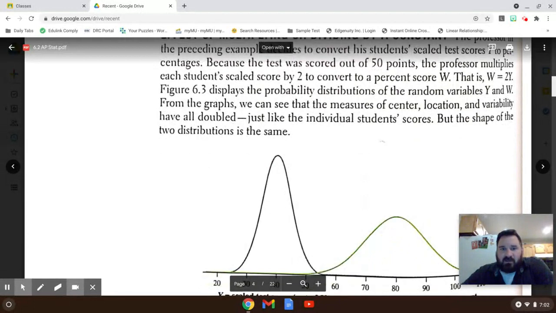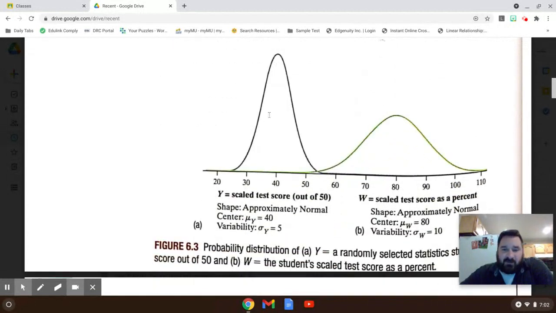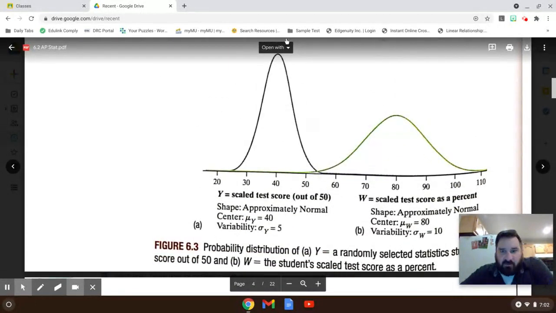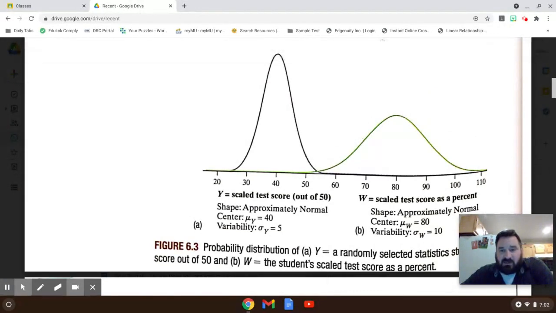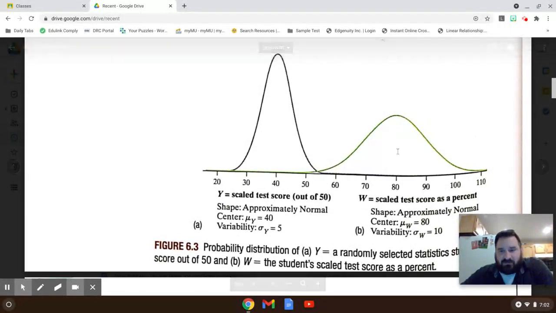Figure 6.3 displays the probability distributions of random variables W and Y. This first curve is normal, peaked in the middle, sloping out each direction, symmetric about the mean, and the other graph is our doubled, or percentages. It's still a normal distribution, still symmetric, but our average is doubled.